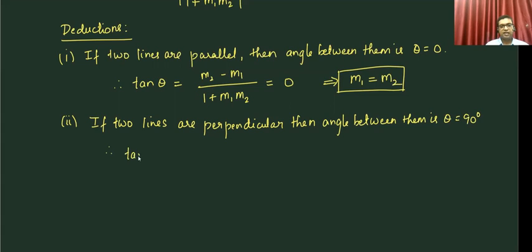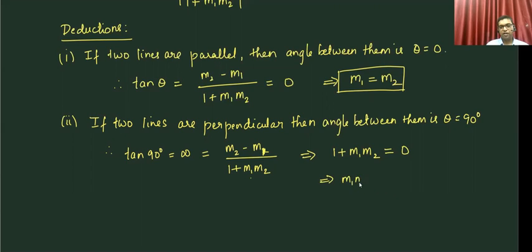Therefore, tan 90 is undefined, infinity. Okay. All right. That happens if the denominator is 0. If the denominator becomes 0, this happens, which implies m1 m2 equal to -1. All right.